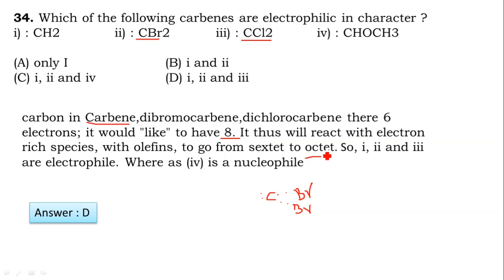It reacts with electron-rich species like olefins to complete its octet. So 1, 2 and 3 are electrophiles. Compounds 1, 2 and 3 are electron deficient, containing 6 electrons, these 3. Whereas compound 4 is a nucleophile. Hence option D is correct.